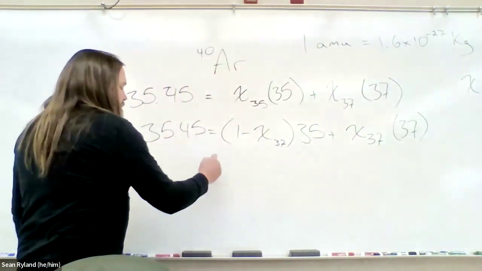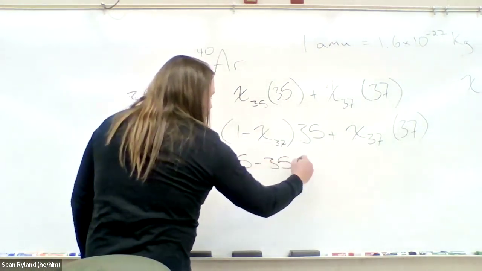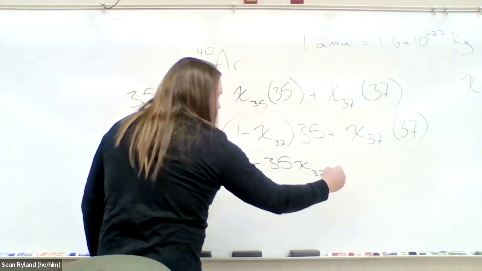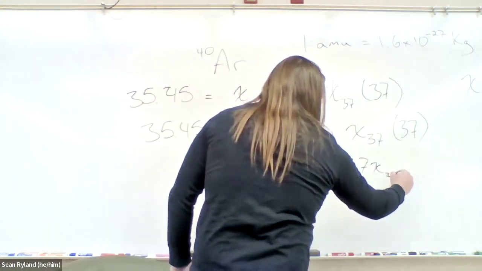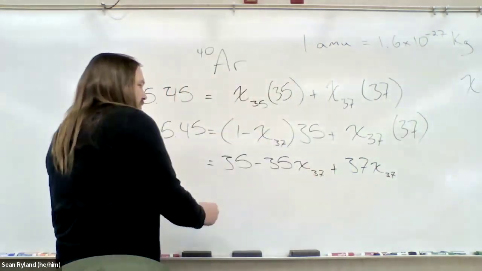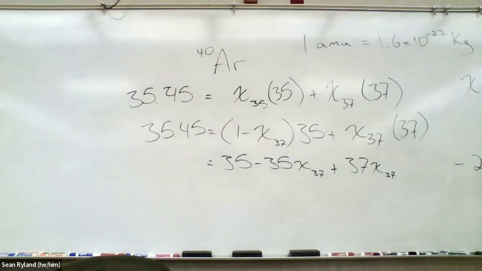So we should get 35 minus 35 chi-37 plus 37 chi-37. And combine those. We get 2 chi-37 plus 35 is equal to 35.45, so 2 chi-37 is equal to 0.45.